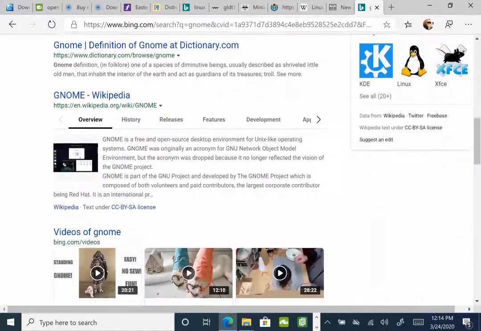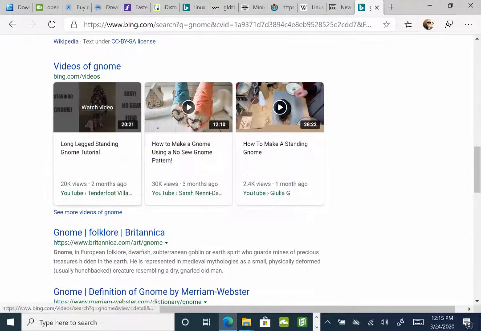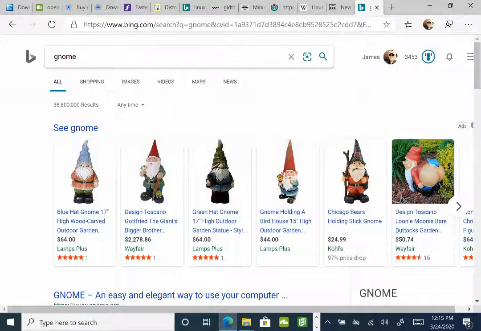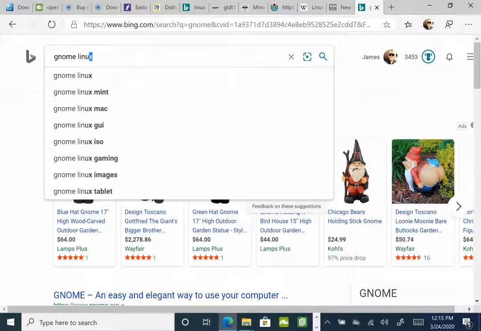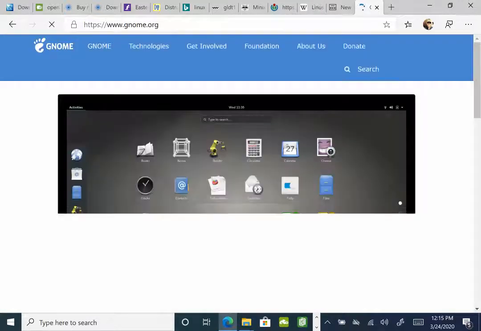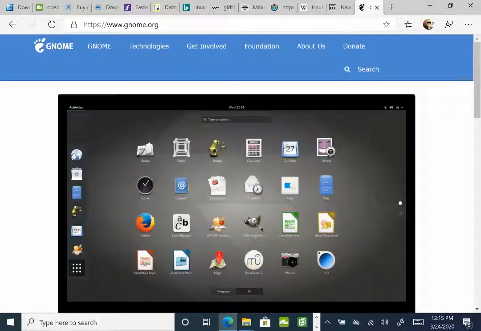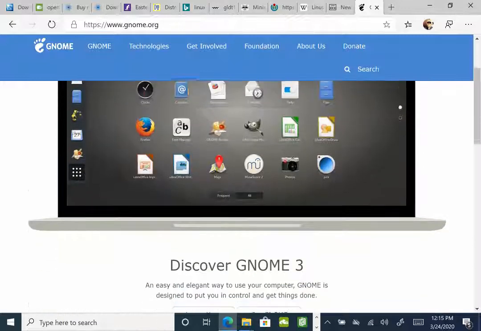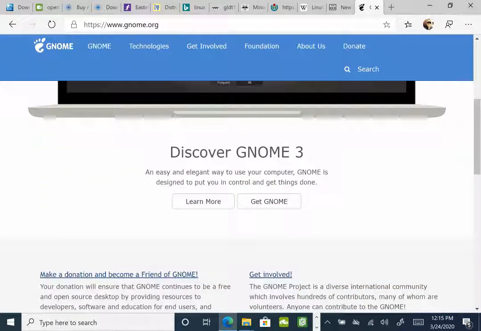I'm not getting anywhere with gnomes because they're so popular, so we'll put GNOME Linux. You can have this graphical user interface running on top of your system, and this is what it looks like. No matter what distribution you get, you can choose a different graphical user interface.